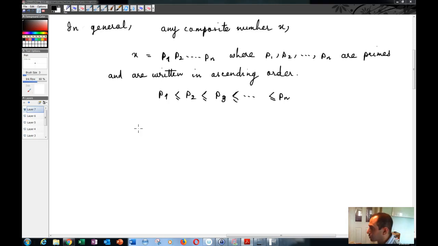Otherwise, the factorization is very unique. Now, this is a very simple idea, and everybody probably intuitively understands that. But it has many different applications in different fields of mathematics.